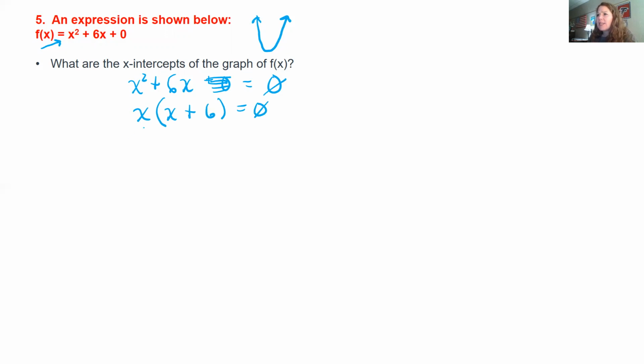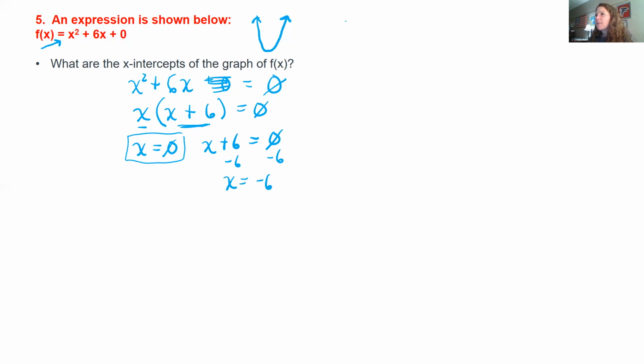But now I take each section and set both of them equal to 0. Because if this is equal to 0, the whole expression is, or if what's in the parentheses equals 0, my whole expression would be equal to 0. So that means we have two answers. It looks like one of our answers is 0. X is 0 and y is 0. The other answer would be that x is equal to -6 when y is equal to 0.